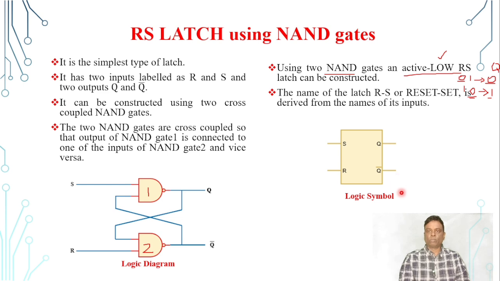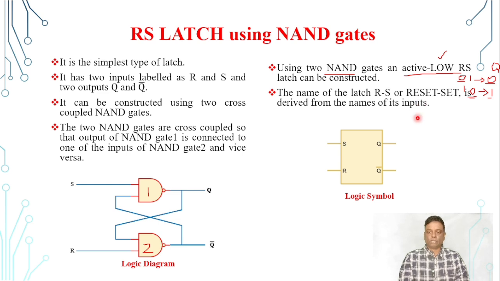Using the NOR gate, we have seen that the logic symbol is the same as that of the NAND gate latch. Both are the same, and the only difference is that with NOR gates we construct an active high RS latch, but in this case we can construct an active low RS latch using two cross-coupled NAND gates.